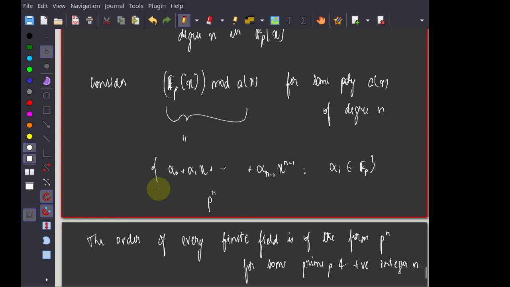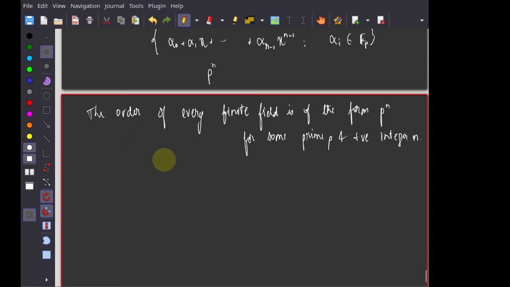Correct. So then it's basically going to be all polynomials up to degree 2, right? So it's going to be 0, 1, x, 1 plus x, and then x square, 1 plus x square, and then x plus x square, and 1 plus x plus x square.